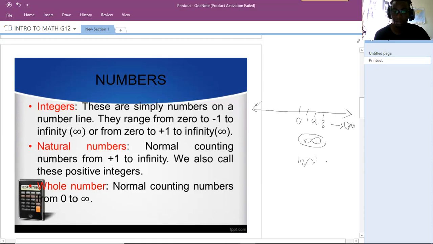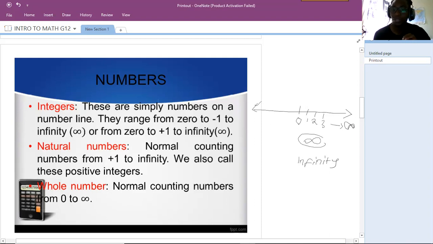Infinity means it doesn't have an end. You can continue counting these integers from 1 to a trillion and something, and they'll never come to an end. That's what infinity means. So integers are numbers on a number line.